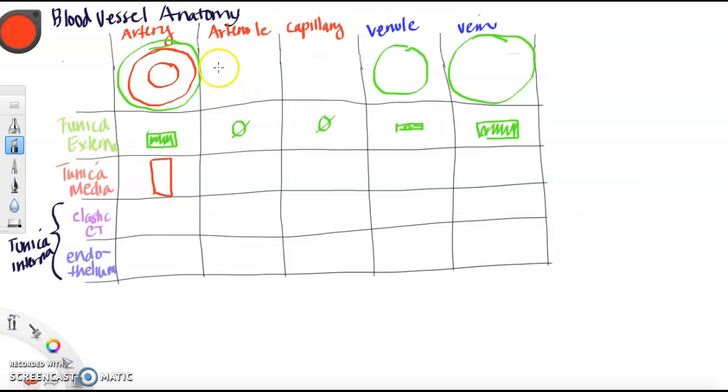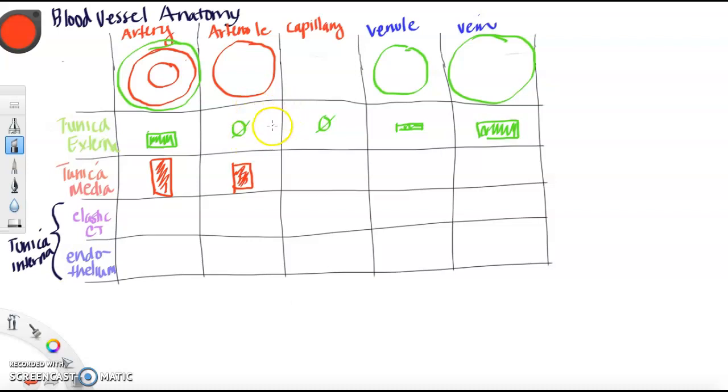Arterioles have a lot of smooth muscle too. There's not a full layer, it's like little bands of it around it, but it's quite a bit of smooth muscle as well. So this is arterioles and arteries.